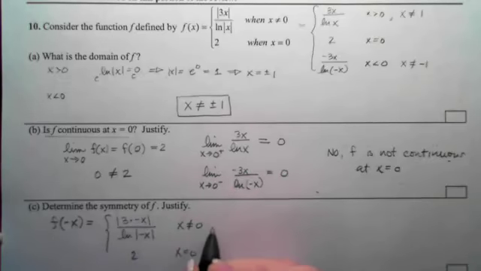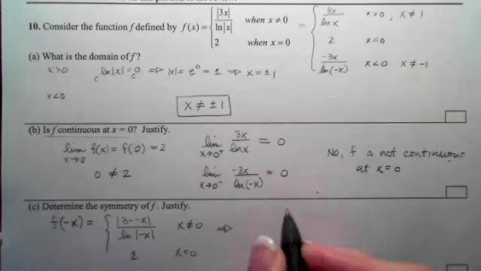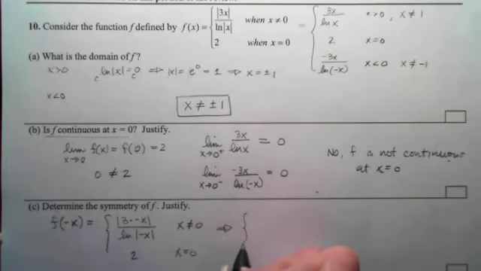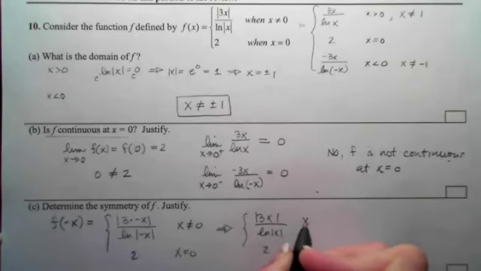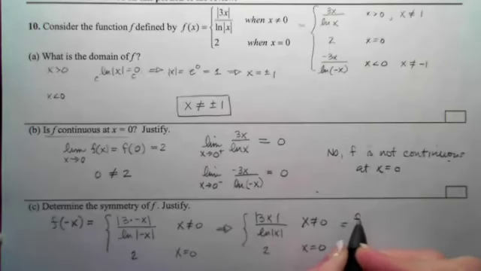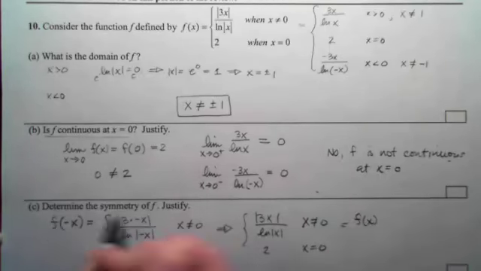And notice that absolute values are going to strip off those negatives anyway, so we'll end up with the exact same thing as we started with. When that happens, we say that the function is even or has y-axis symmetry.